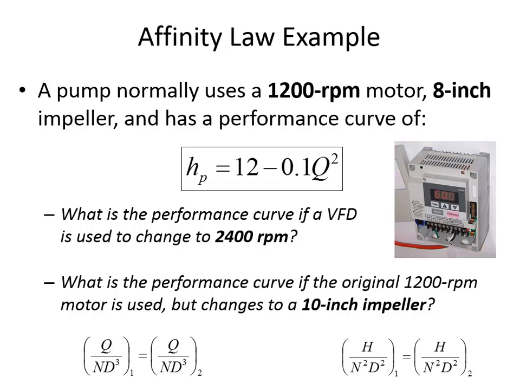The second case that we looked at, you have a little bit higher pump head. It goes from 12 to 18. But the real benefit is if you look at this, it was 0.1 before, now it's 0.0409. What that means is that instead of losing pump head at a rate of 0.1 meters of head for every cubic meter per second, now you're only losing 0.04 meters of head for every cubic meter per second.